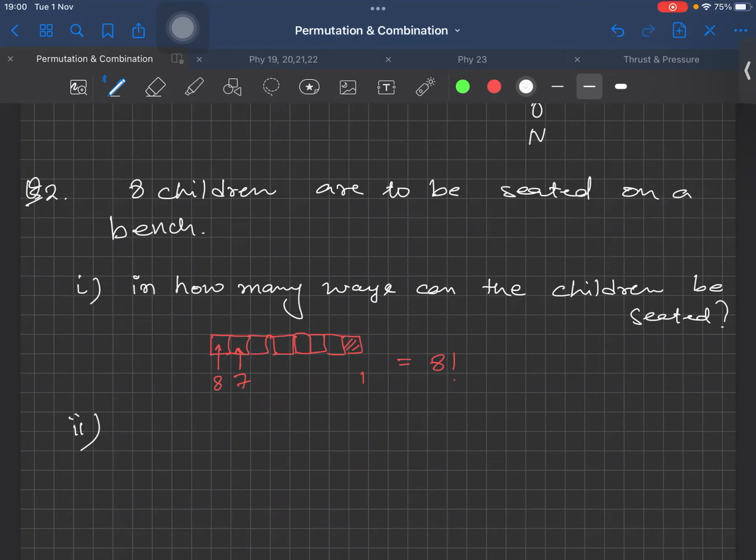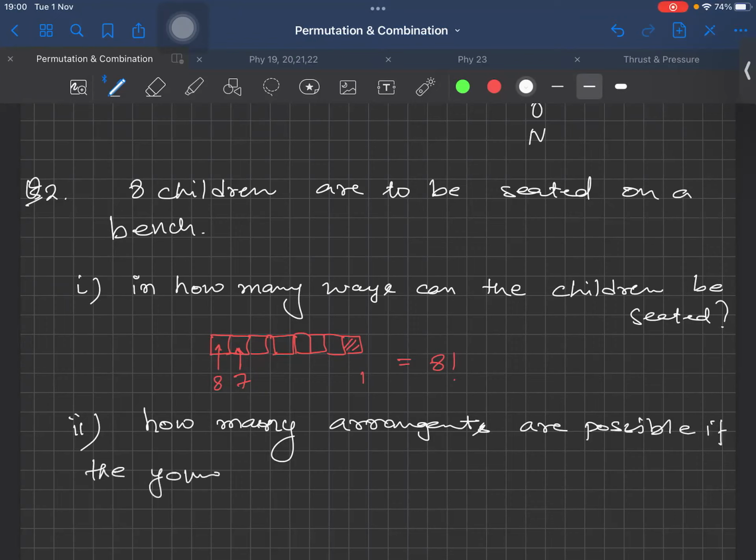Okay, let's say how many arrangements are possible if the youngest child sits at the right end of the bench.